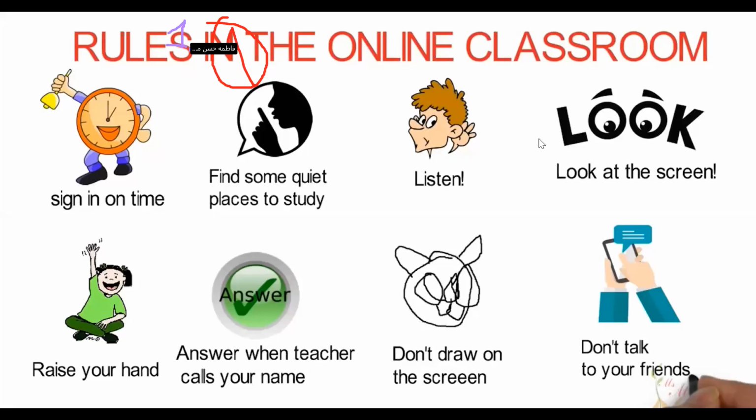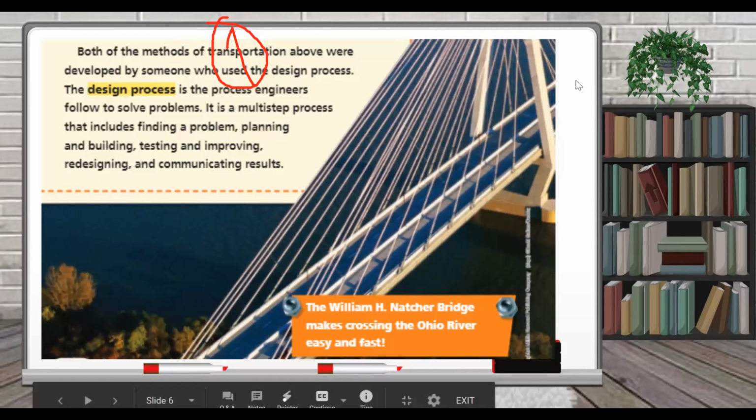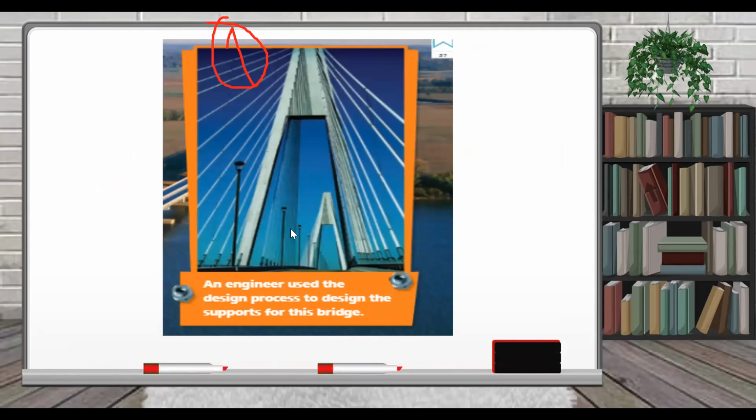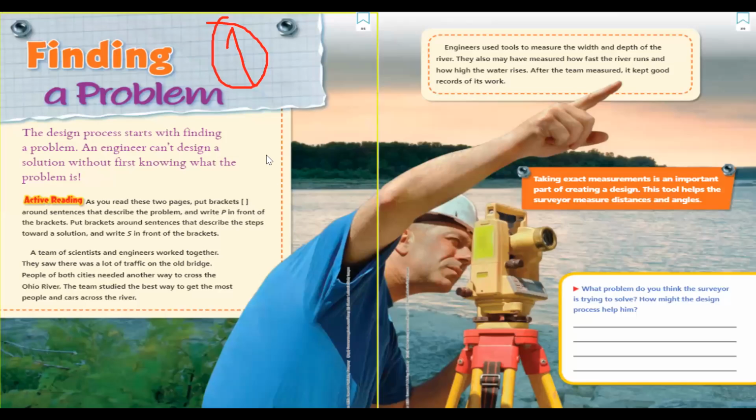The bridge solved what problem? The bridge crossing. This bridge, the William Bridge, makes crossing the Ohio River easy and fast. Remember, they made this bridge just to let cars go across the river.